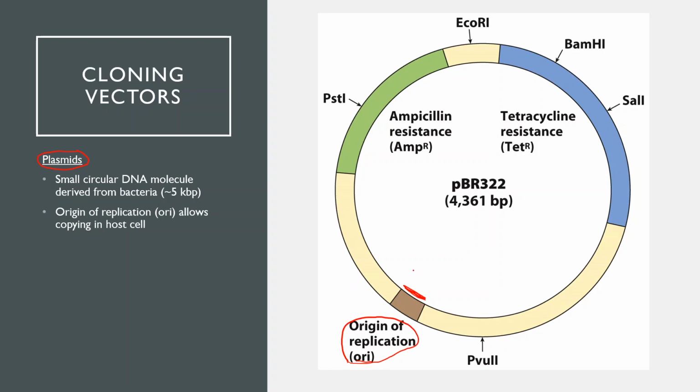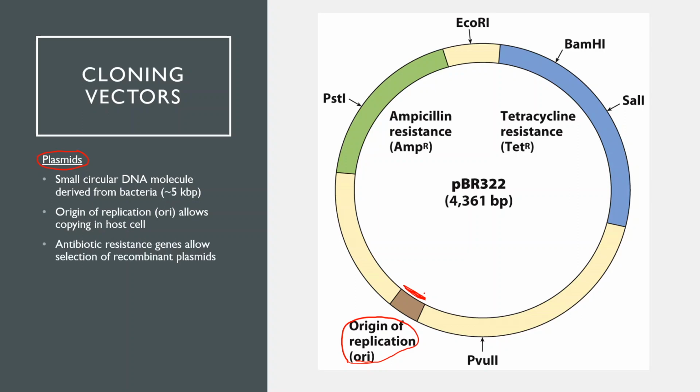And for the plasmid, the origin of replication is important because the plasmid needs to be able to replicate independently of the host chromosome. That's the whole point. So to clone your DNA, you want to make copies of it. And so this origin of replication is the sequence that will make sure that the host cell actually copies your cloned DNA.